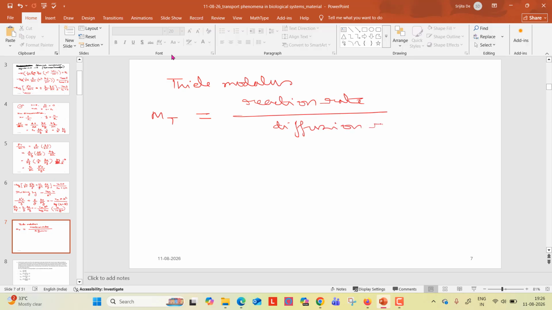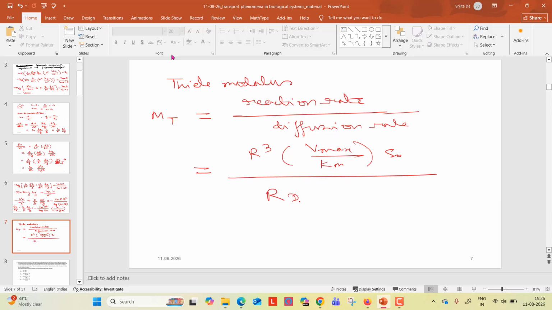Reaction rate is defined by R cubed Vmax by Km into S0, and diffusion rate is defined as R Df into S0. If you cancel out and one R is cancelled, it will be Vmax, or Vm, you can write for easy understanding, Vm R squared by Df into Km.